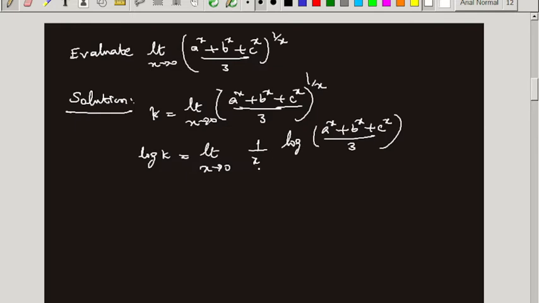Denominator we have the x. So here if we apply 0, we get log of 3 dividing by 3, which is log 1 is 0, dividing by 0, so 0 by 0 form. So here apply L'Hospital rule.